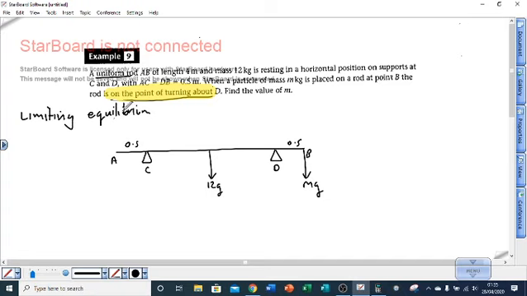Now if that's happening and you're saying it's on the point of turning, so that's where you're about to pivot around, it means that there is no more support offered by the other support, so that now can be negated. It has no effect. That in essence is exactly what you've got going on. So that only applies when you're on the verge of pivoting about D. If you're pivoting about D, this is offering no support.